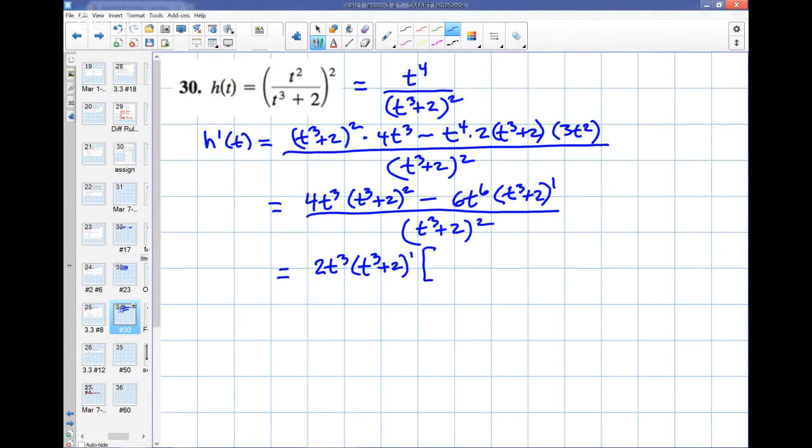So what does that leave us on the top? When you take out a 2t cubed out of that first one, you're going to have 2 times t cubed plus 2 to the first power. And then on the second part, what's left? Well, it'd be a minus 3t cubed. And that's it.